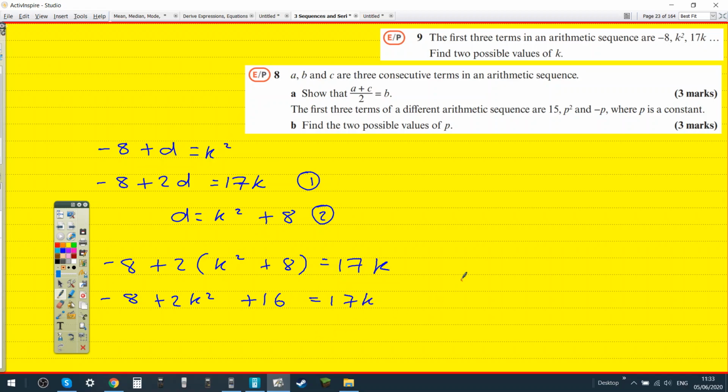And then I would get 2k squared minus 17k plus 8. And I'll just put that into my calculator. Yeah. Go on, I might as well finish it.